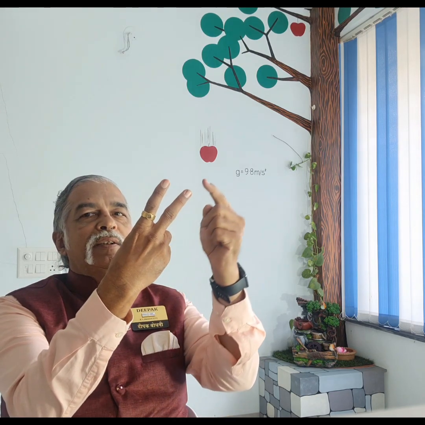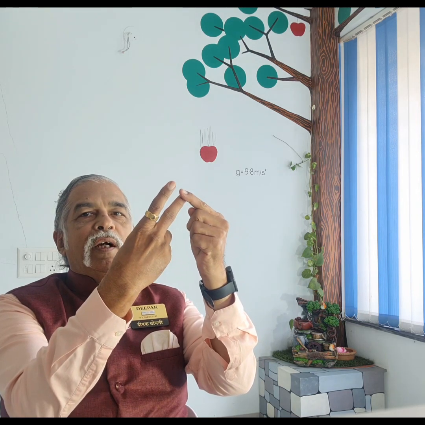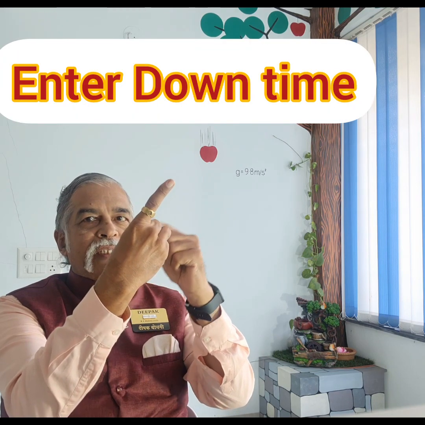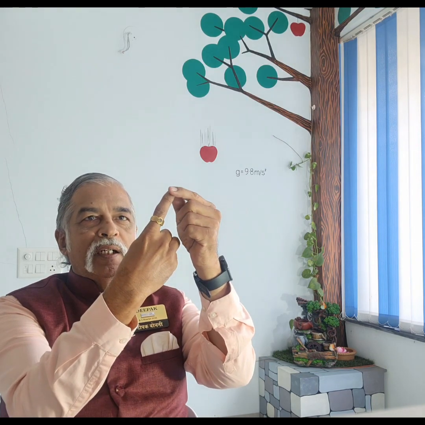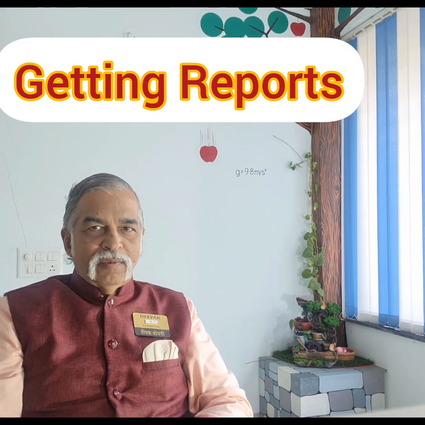Second part is to give the facility to enter the downtime to the system, and the third point is getting the automatic reports from the system. So we are going to see these basic two things today, and the third part, that is getting the reports, we will see in the next video.